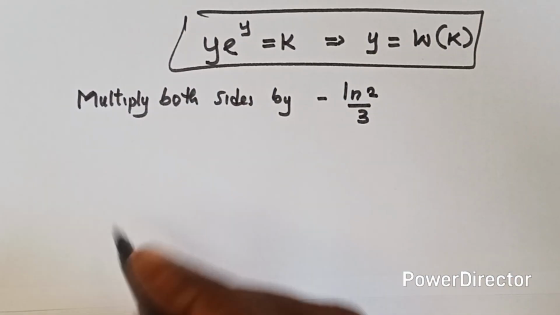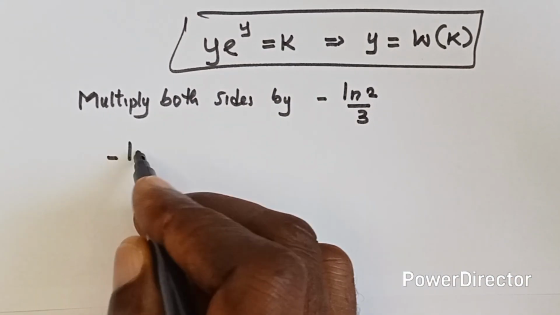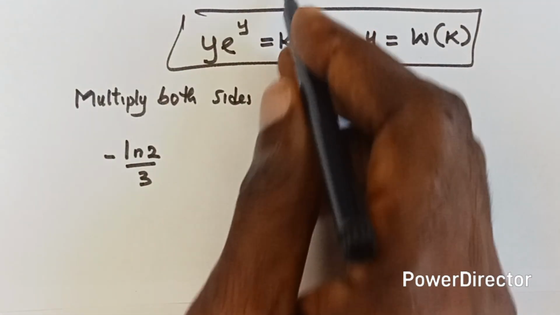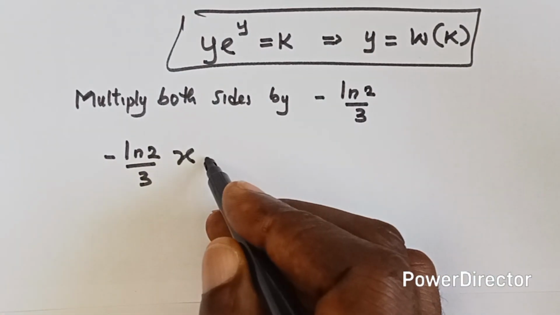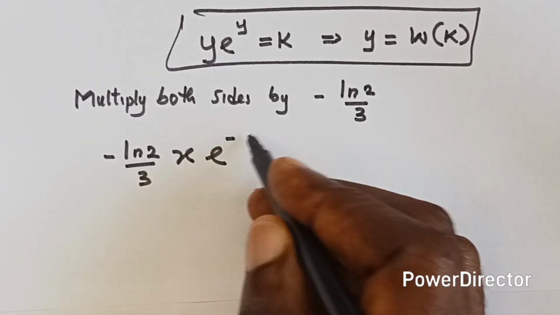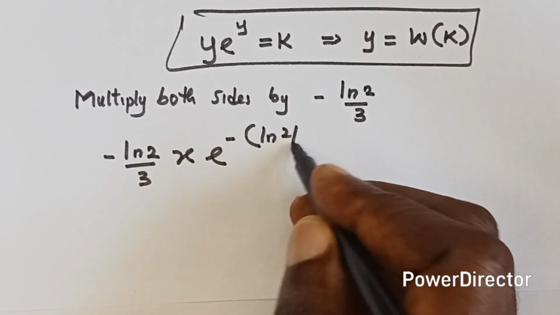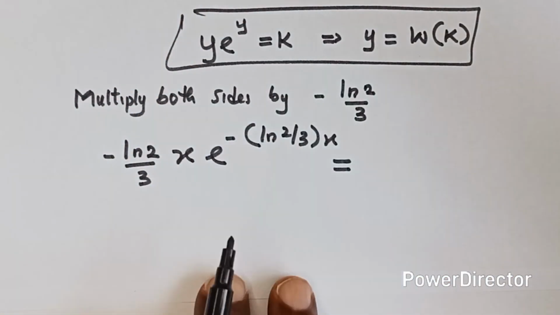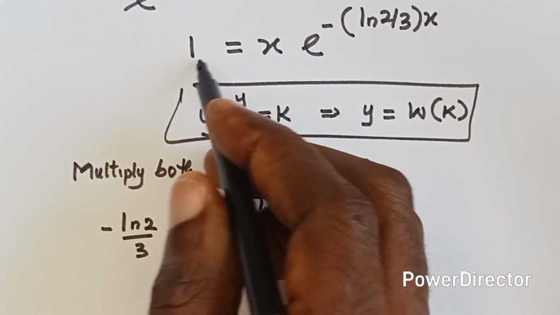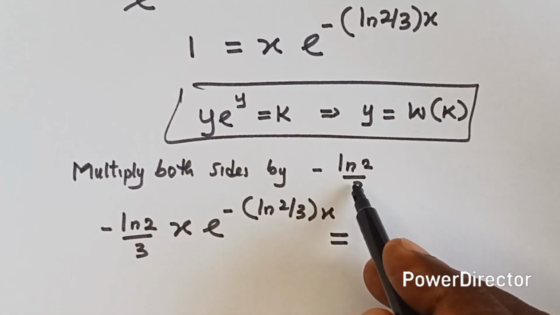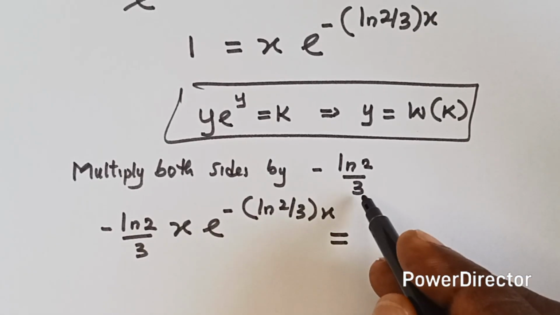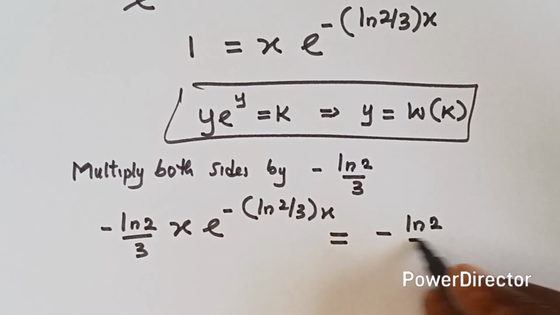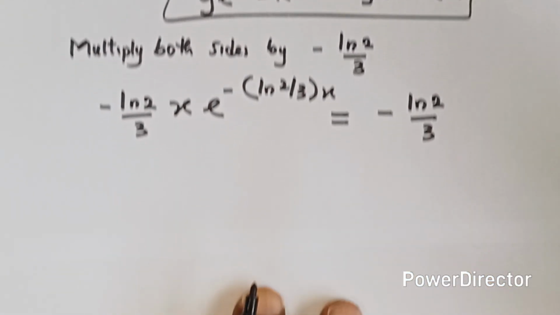And by the time we do that, we have minus ln 2 over 3, then we have x raised to power minus ln 2 over 3. Then we also multiply this side by minus ln 2 over 3, and 1 times that will give us minus ln 2 over 3.